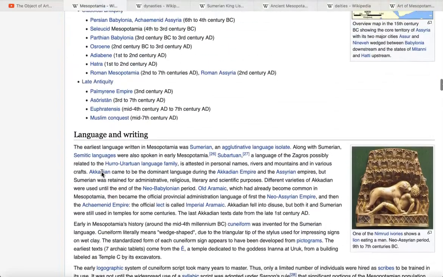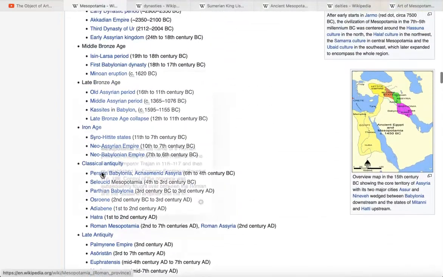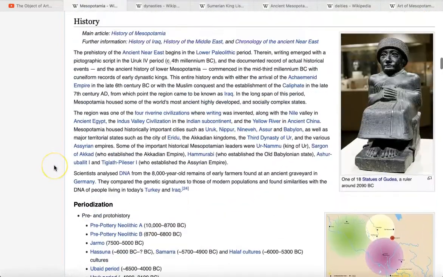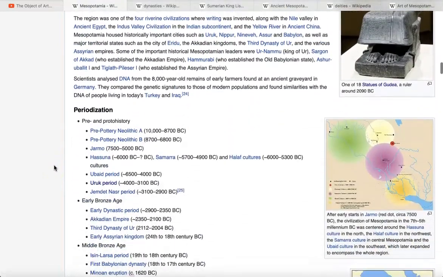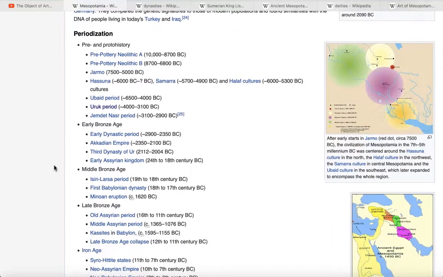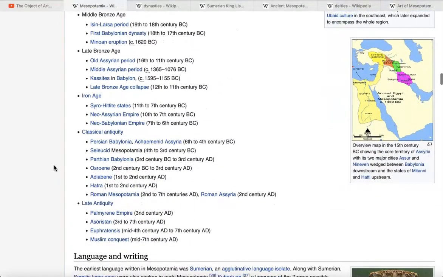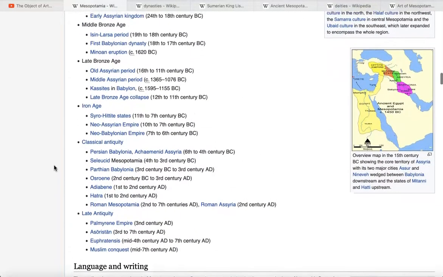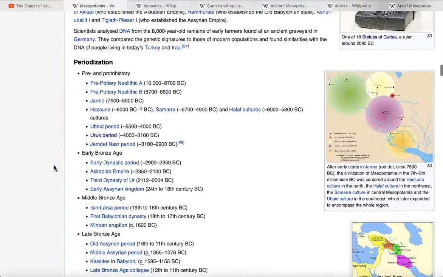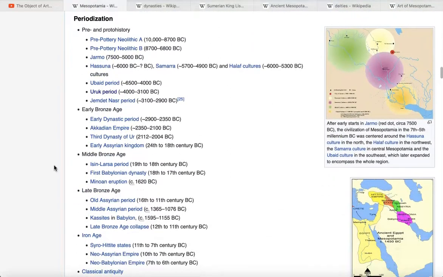For the purpose of what we're doing, this is awesome here. Look at this. This is in the history section, and it gives you a really pretty darn good timeline of what's going on as far as these different cultures, these different periods in the history of ancient Mesopotamia.